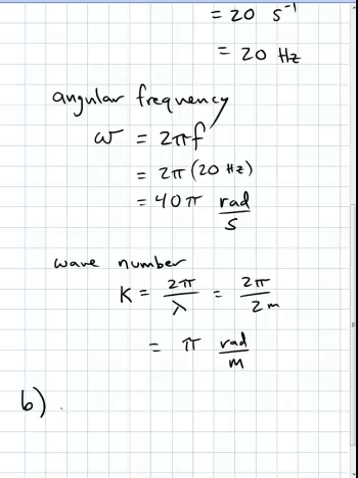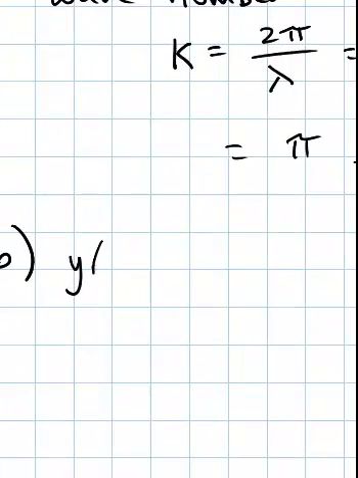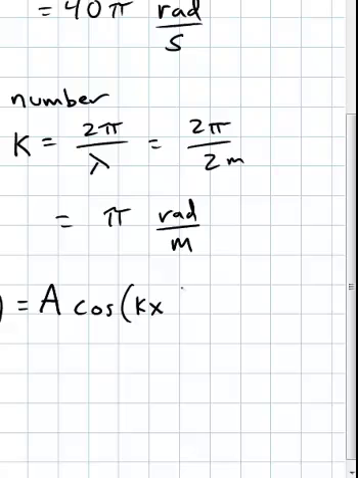And for a wave traveling in the plus x direction, we can use this equation, that y as a function of x and t is equal to some amplitude times the cosine of kx minus omega t plus a phase angle.